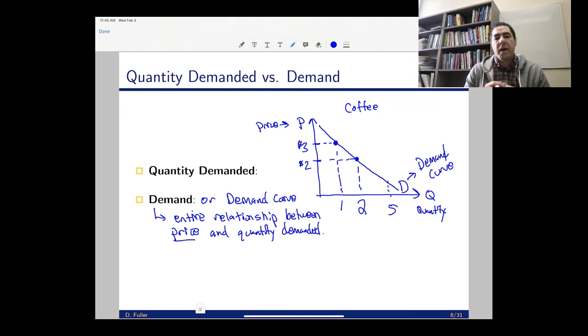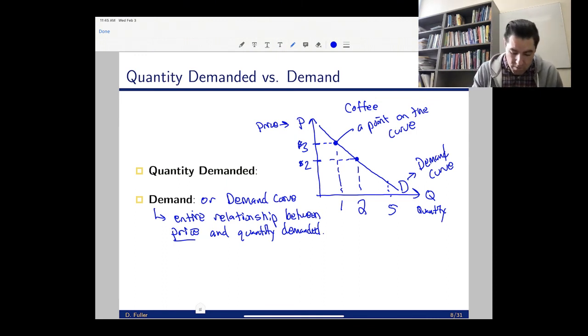It sounds like a subtle distinction, but it's very important to differentiate in your head quantity demanded, a point on the curve, versus demand, which is the entire curve. So this is 1 point on the curve, and as I change the price, I move along the curve.